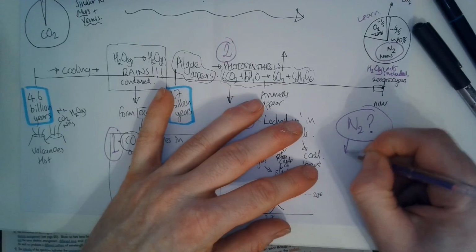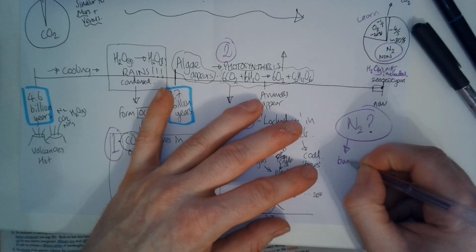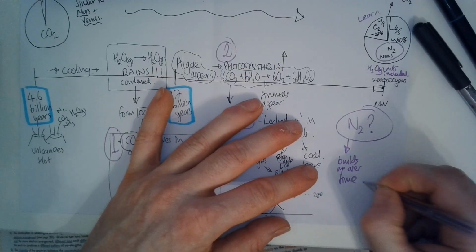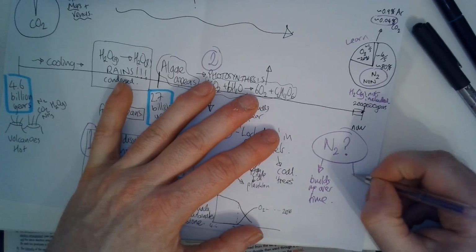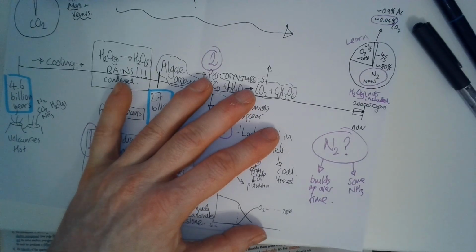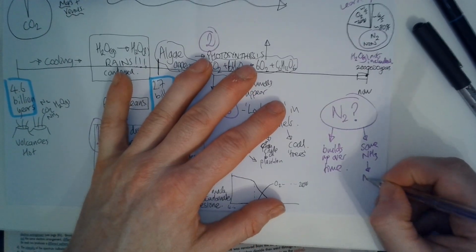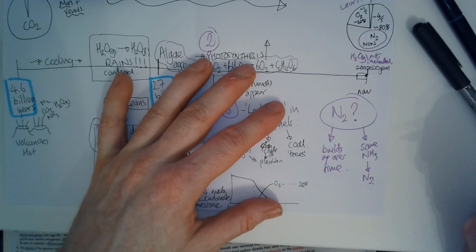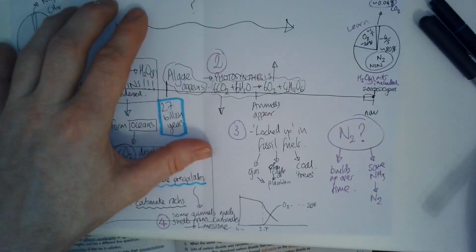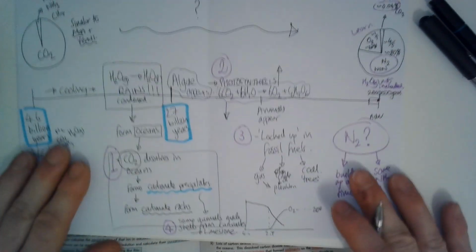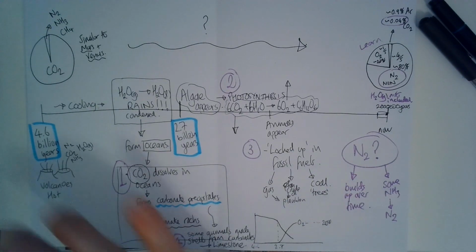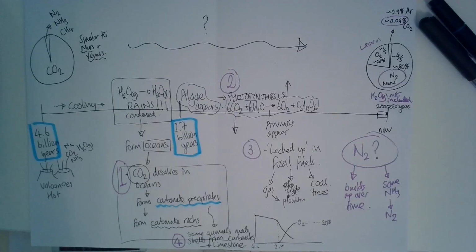So we just say about the nitrogen, because it's so unreactive, it builds up over time, is one thing that AQA likes to say. And we can also say some ammonia from the early volcanoes is converted into nitrogen. We used to say this was done by bacteria, because it was, but you don't need to know it for AQA.